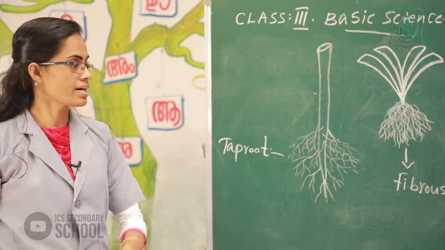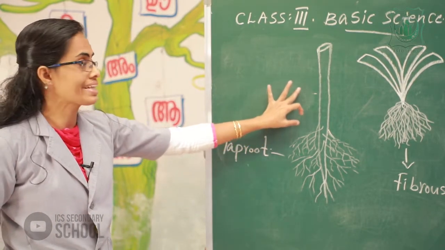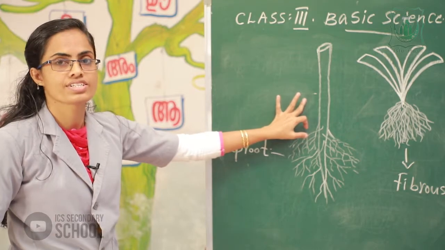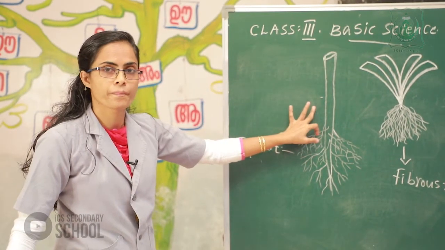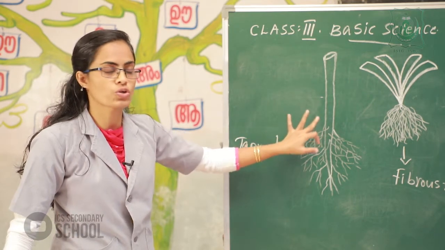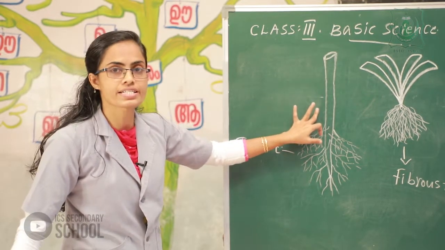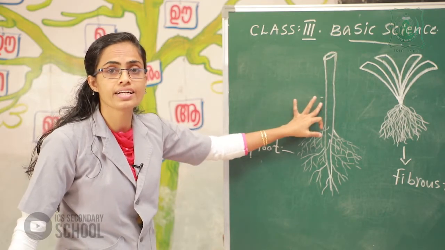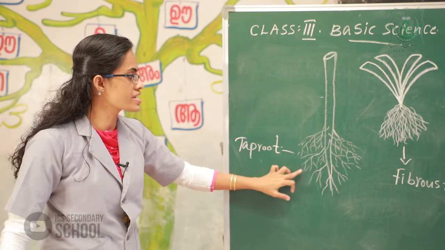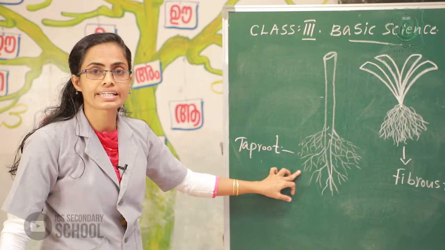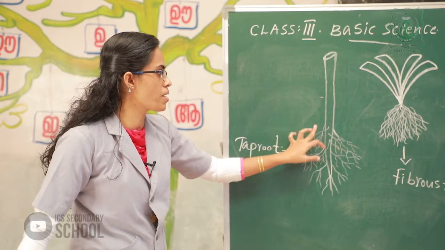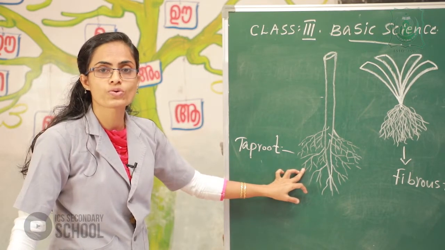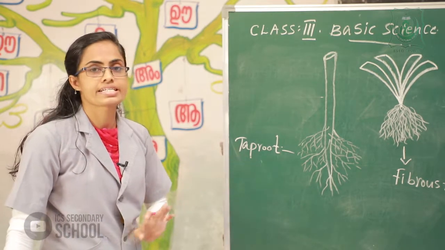Please listen here. Taproot: a single thick stem with many small roots is called taproot.